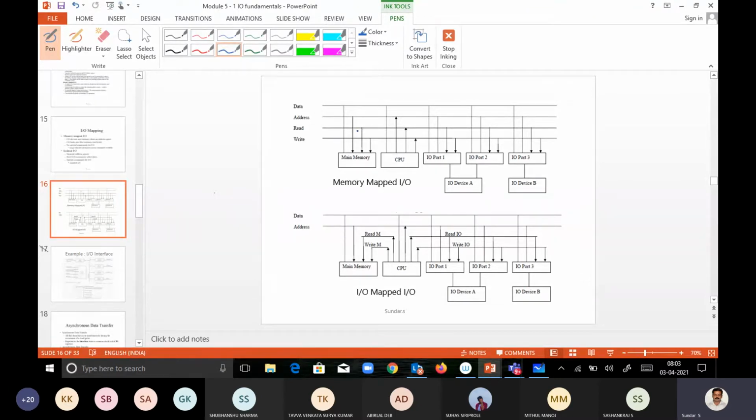The clue is, I told you already, in memory mapped IO, devices are also treated like one of the locations of a memory. So a few addresses of memory are reserved. Please refer back to this one, you will get the point.